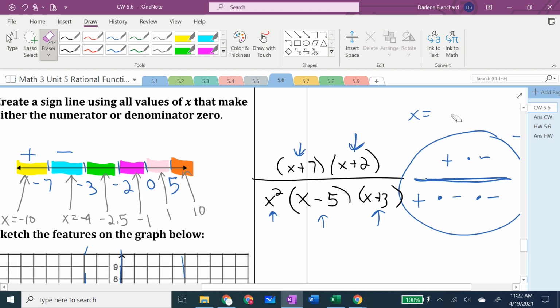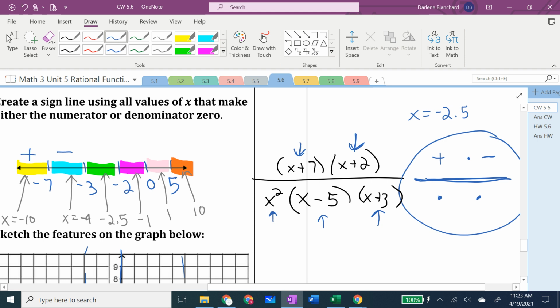Next, I'm going to look at -2.5. Now, I'm not going to do any calculations. I'm just going to go -2.5 plus 7, positive. -2.5 plus 2, well, -2.5 is the bigger of the two between the negative and the positive, so negative wins.